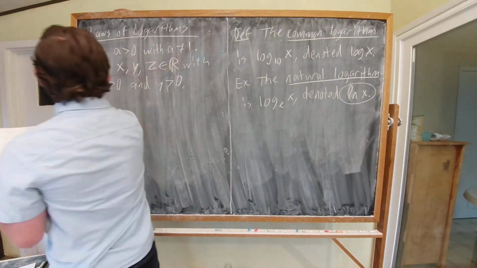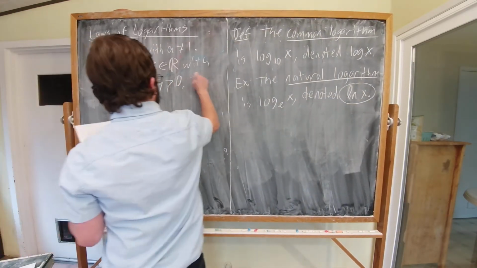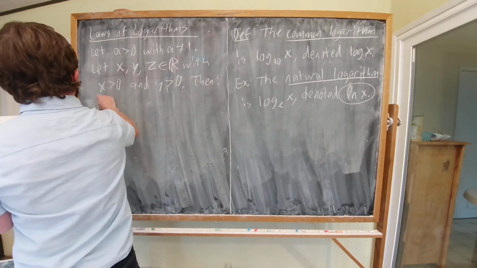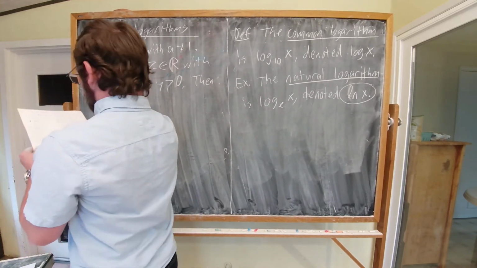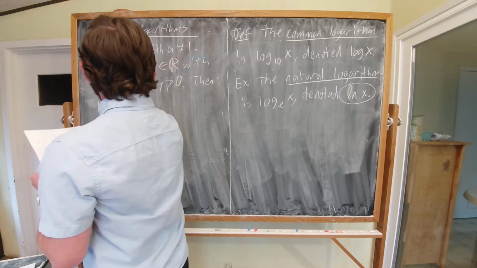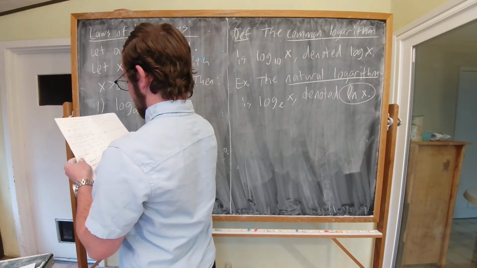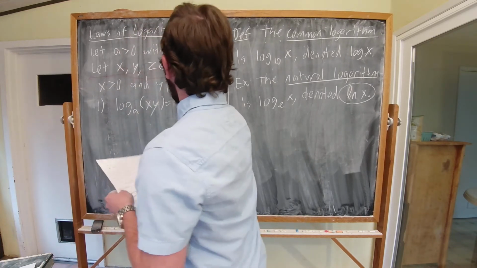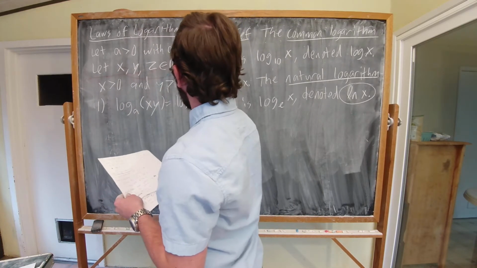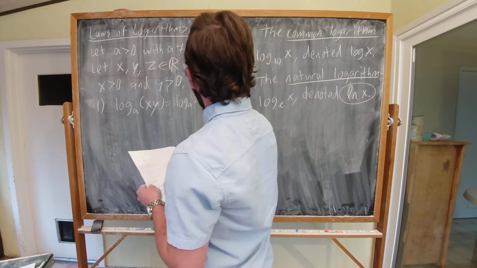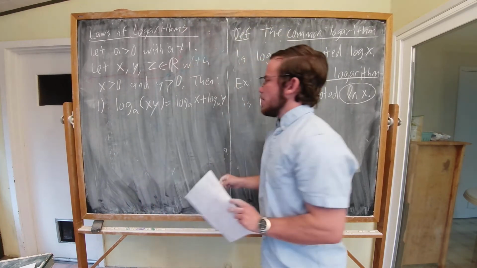Alright, well then, first logarithm law: log base a of x times y is equal to log base a of x plus log base a of y.